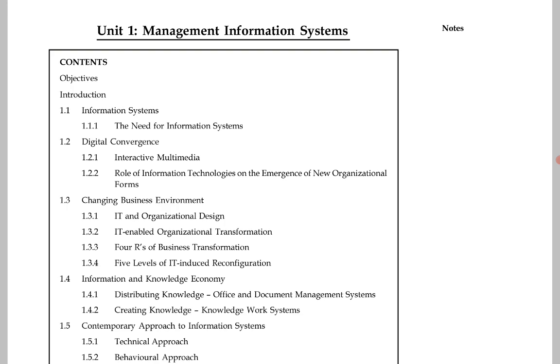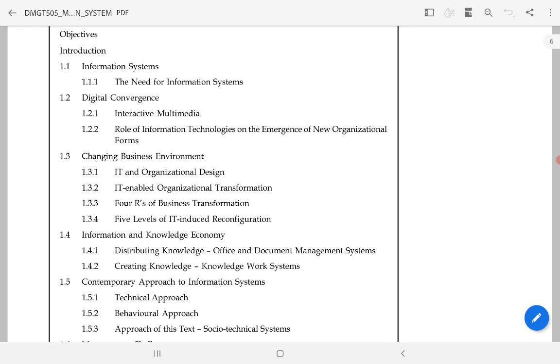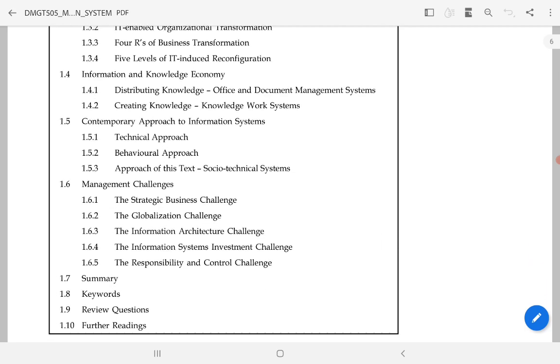The need for information system, digital convergence, interactive media, and role of information technology on the emergence of new organizational forms, changing business environment, IT and organizational design, IT enabled organizational transformation, 4 hours of business transformation, 5 levels of IT introduced reorganization, information and knowledge economy.